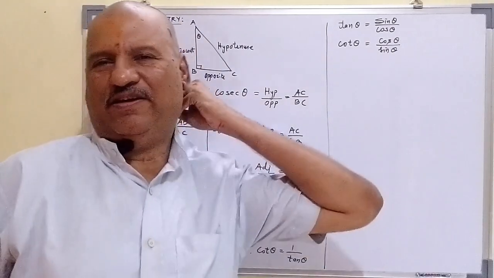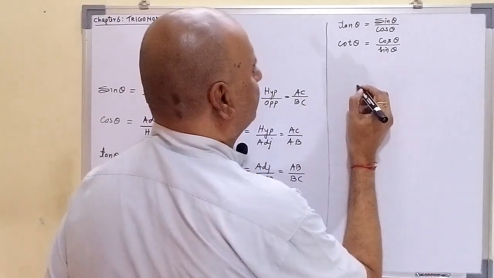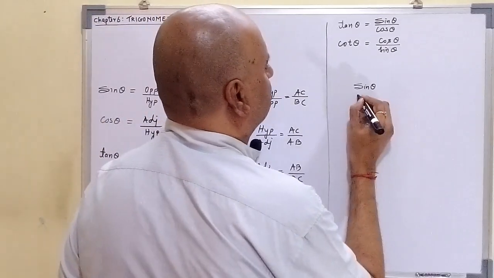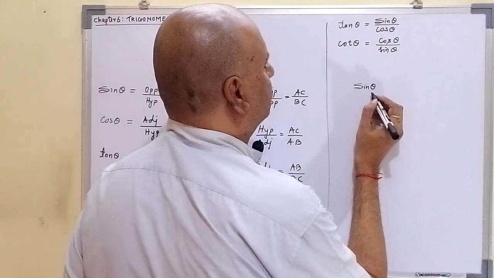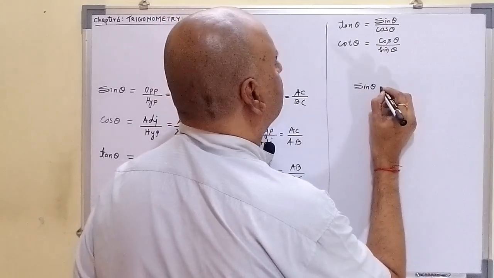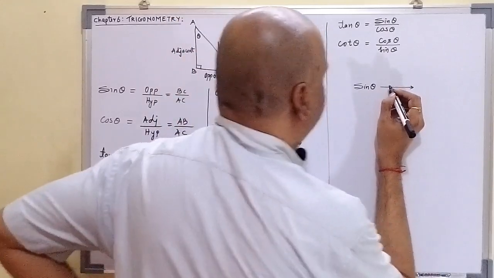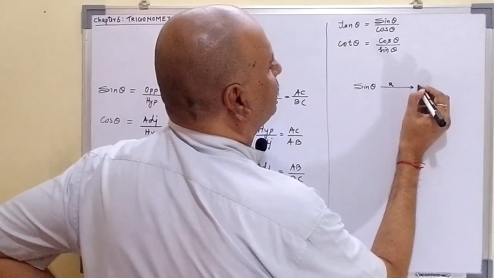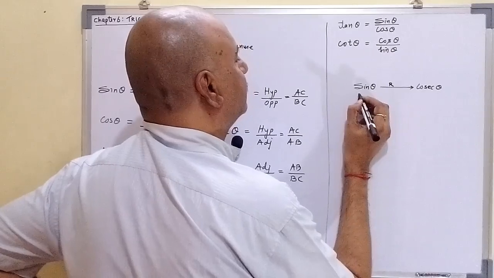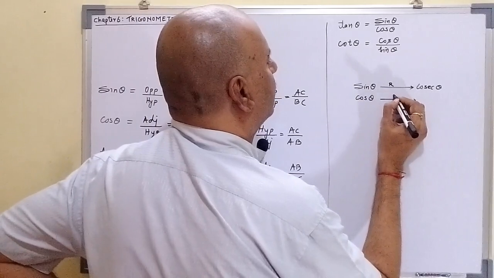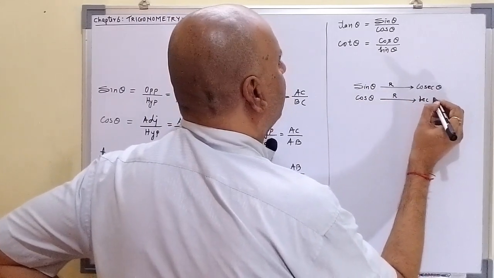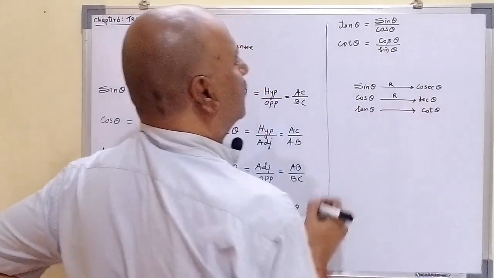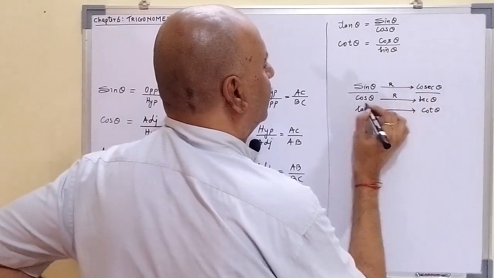Now how to remember this? It's very simple. Sin theta, reciprocal, cosec theta. Cos theta, reciprocal, sec theta. Tan theta, reciprocal, cot theta. Underline this. You get this.